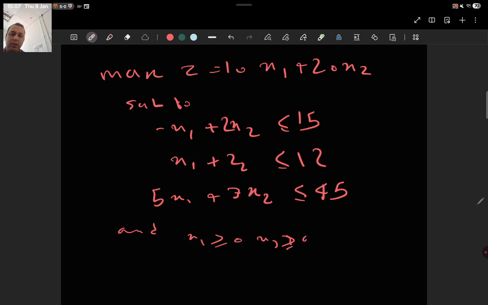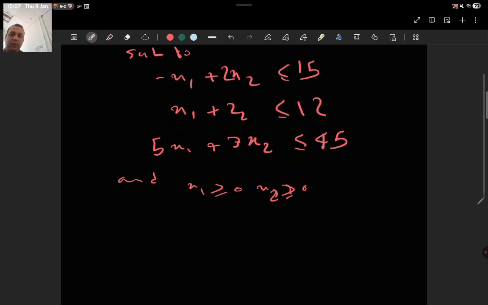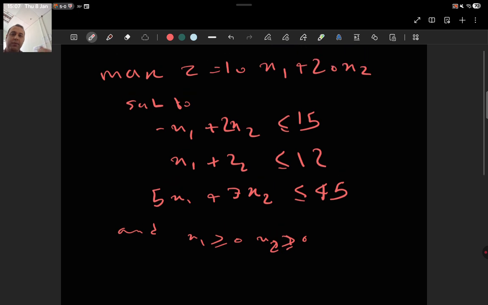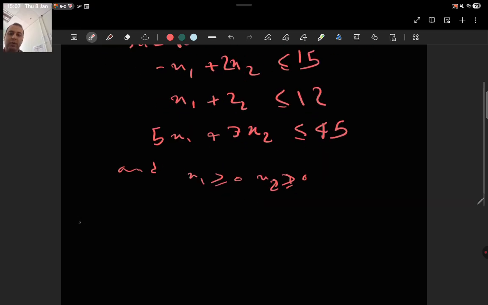x2 bigger than 0. Okay, first of all, we have two design variables, x1 and x2. So what method do we have to use?